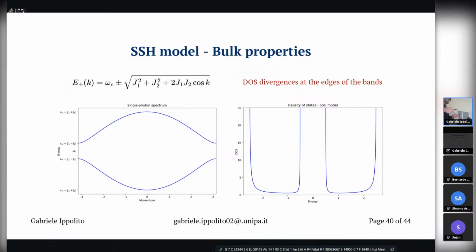Now, if I consider the two-photon subspace, so I'm interested in what are the energies, okay? Again, the energy of the pair is given by the sum of the individual energies, and now the result is not trivial, because we have two bands.